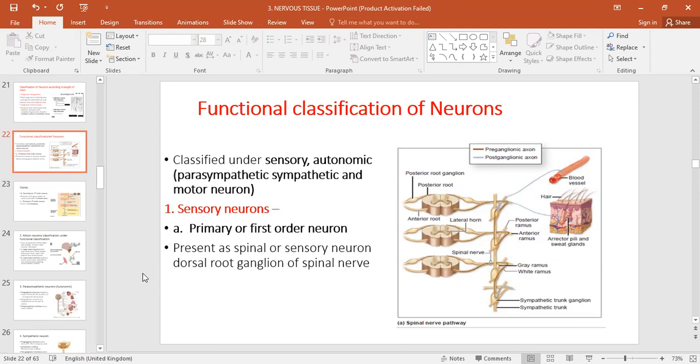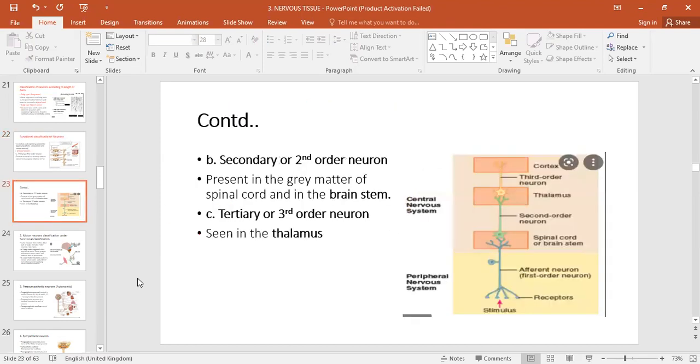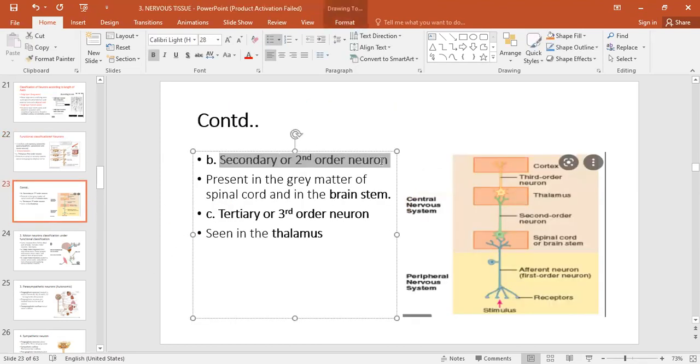So this primary neuron runs from the skin and enters into the spinal cord. From there, another neuron will pick it up. We call it now the second order neuron, or simply secondary neuron. Secondary neuron will run from the spinal cord to the brain.